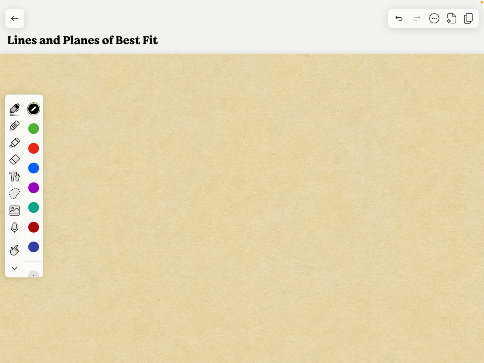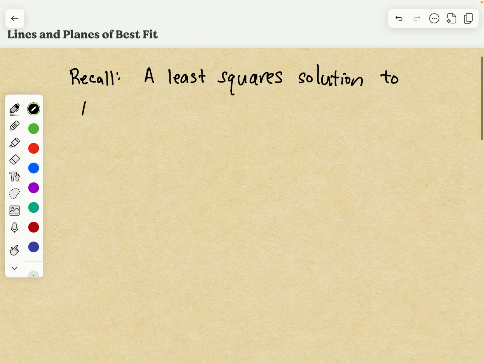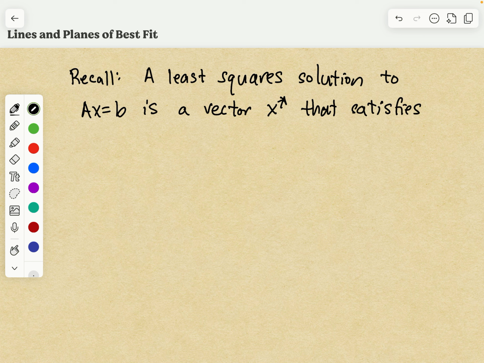In the previous video, we talked about the least squares problem. Recall that a least squares solution to the equation Ax equals b is a vector x star that satisfies the equation A transpose A x star equals A transpose b.